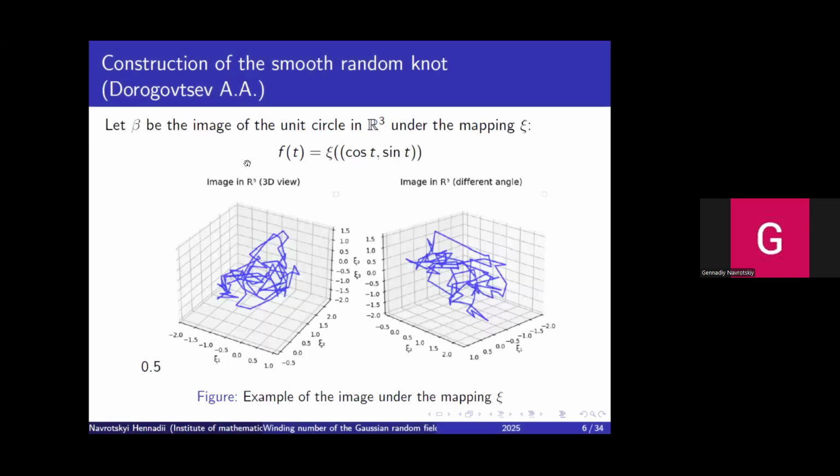Further, let beta be the image of the unit circle in R3 under the mapping psi, and f is some parameterization of beta. In general, the curve can have a very complicated shape in the space R3.